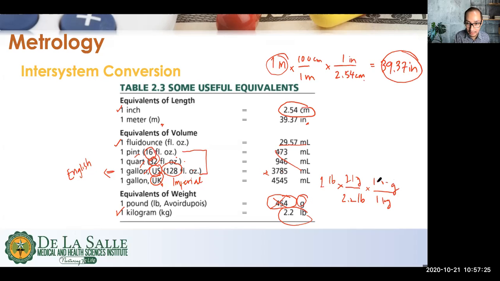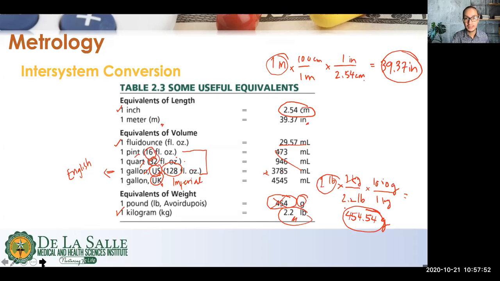My pen writes slowly. So 1,000 divided by 2.2 is equal to 454.54, with a bar because the digits repeat, of a gram. That's where it comes from, so no need for you to memorize that. Just remember 2.2 pounds.